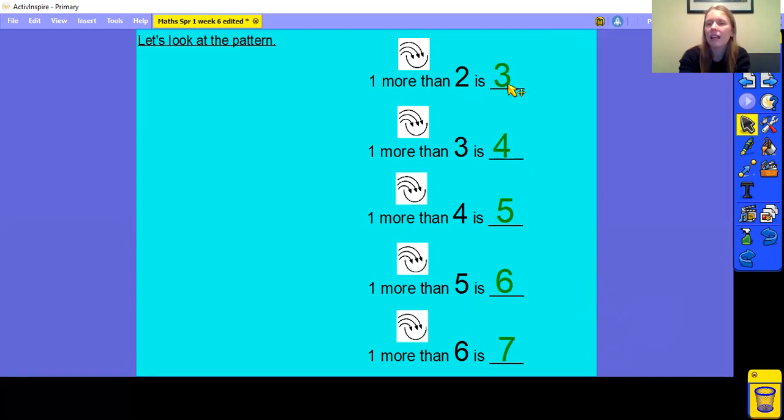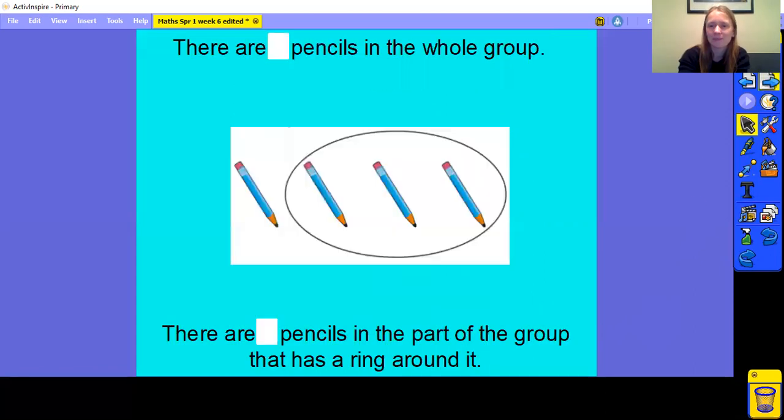These numbers are in order, the order that we see when we count along our number line. We're counting forwards, which means our numbers are getting bigger. Let's just say them again. 3, 4, 5, 6, 7. We found 2 patterns again today. Well done if you spotted them.